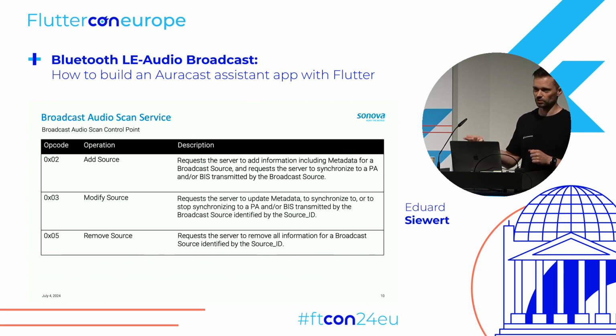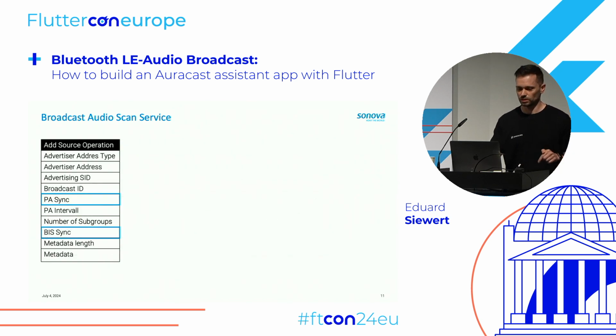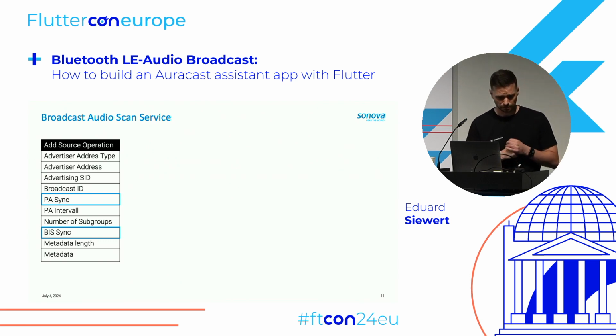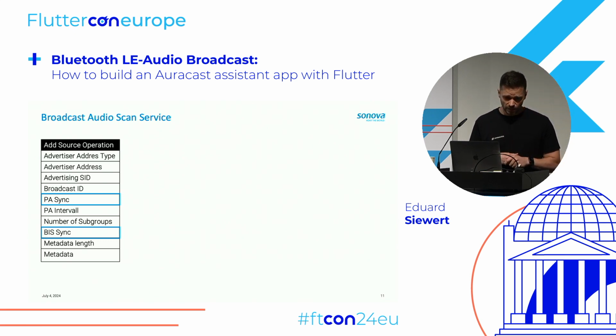By writing this operation to our characteristic, we can tell the receiver to synchronize to exactly the source that we want. Now if you take a closer look at how this operation actually looks, you're going to see there's a bunch of information about the advertiser, for example the advertiser address, which is just the MAC address of our source, and things like a broadcast ID and some metadata that can be provided.